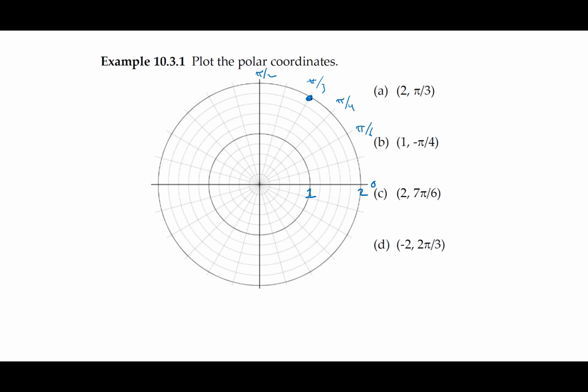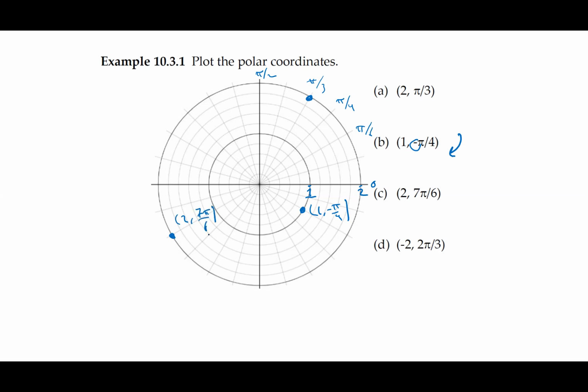1, negative pi fourths. Well, here's 1. And then the negative tells me to rotate clockwise. So there's the point 1, negative pi fourths. 2, 7 pi sixths. Well, here's 2. I'm going to rotate there's 6 pi sixths, 7 pi sixths.